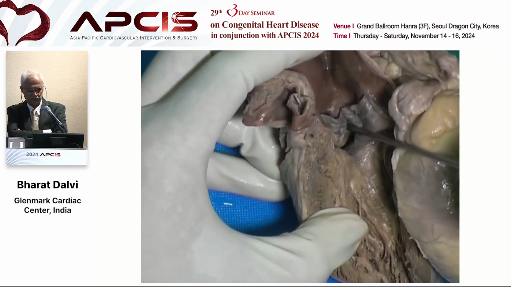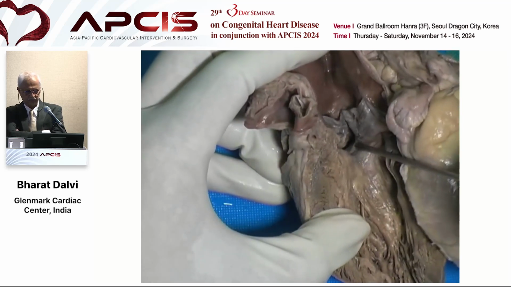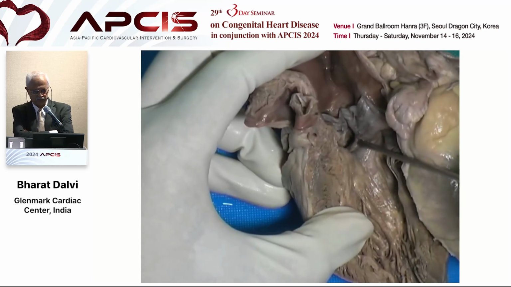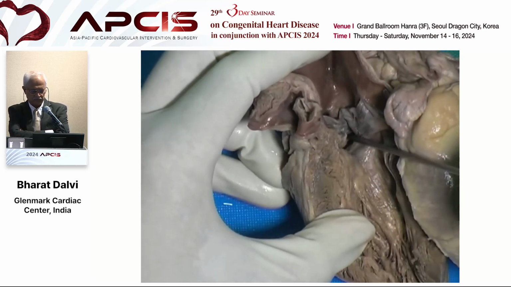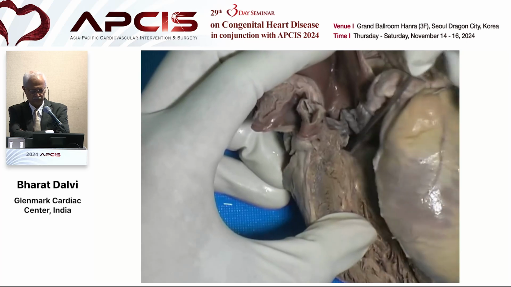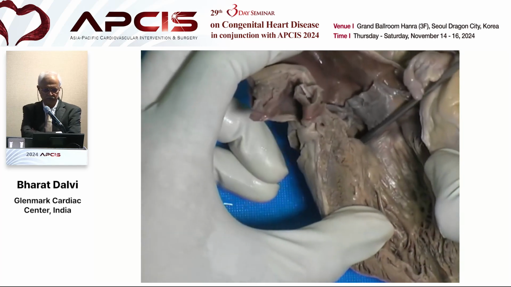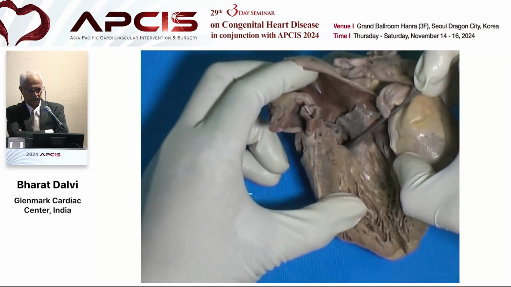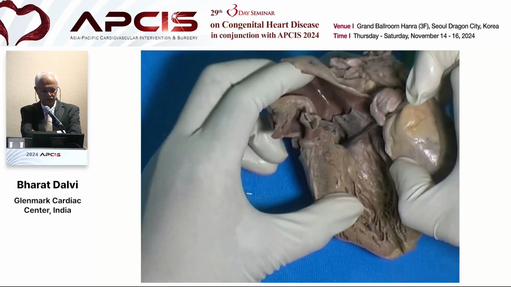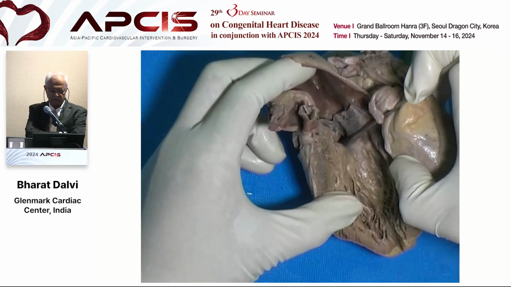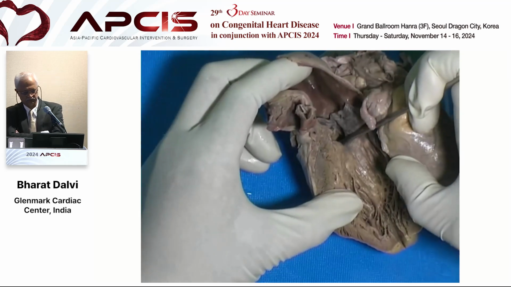It lies exactly below the aortic valve, and that's why it is referred to as the subaortic VSD. And if you see, this part of the aorta is really committed to the right ventricle, and that is why this aorta is called the overriding aorta, which overrides the interventricular septum.